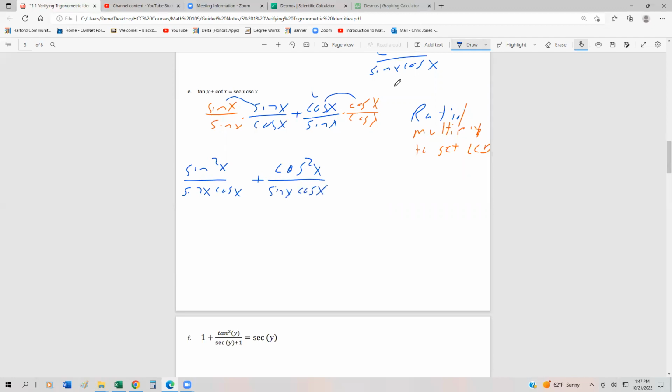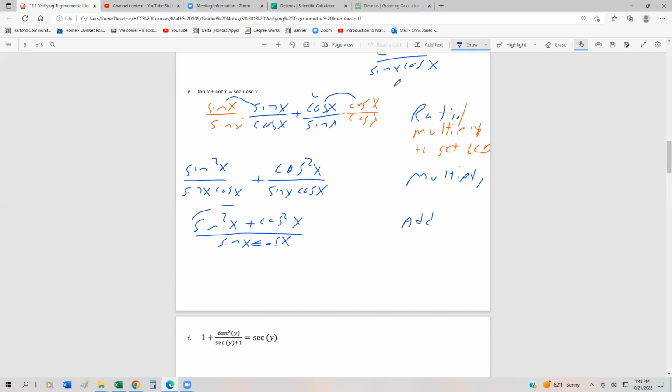And that's just by multiplying. Now we can combine those into a singular expression because they have a common denominator. So we have sine squared x plus cos squared x divided by sine x cos x. Okay, so that's just by adding.